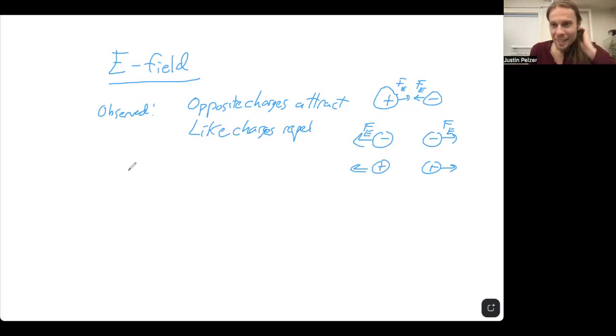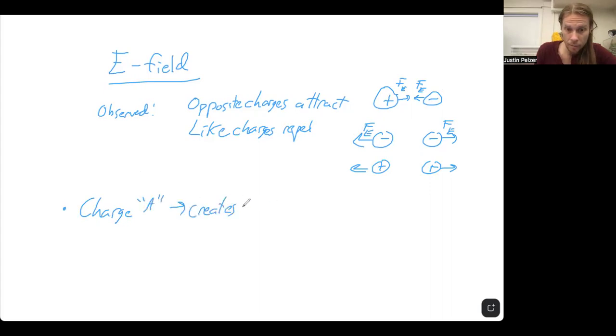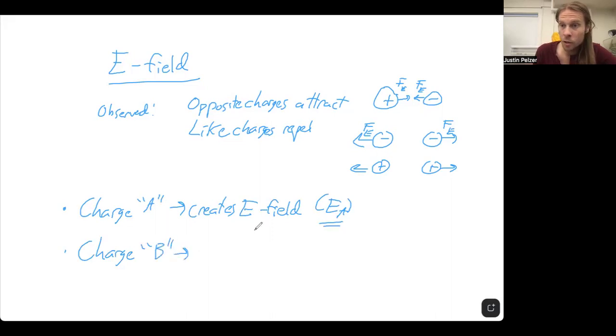The whole point is that charge A creates a field. We'll call that E sub A. Charge B is any charge that wanders into that field.